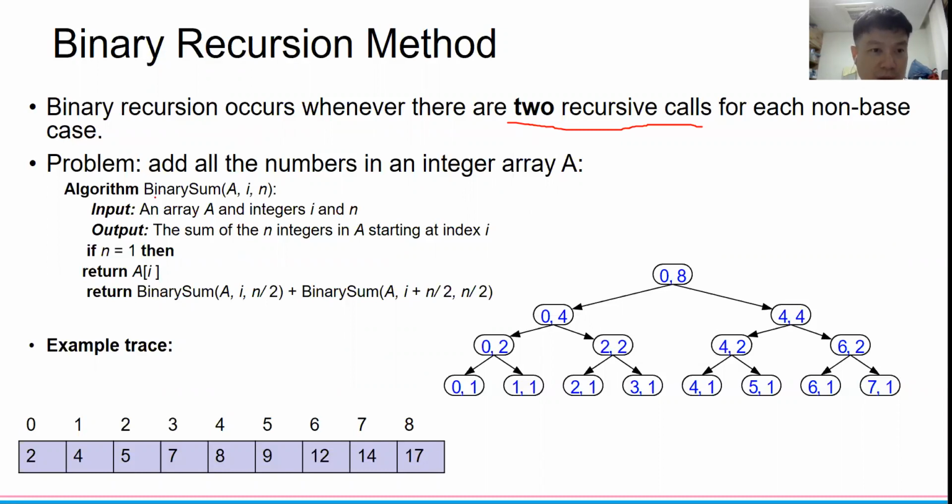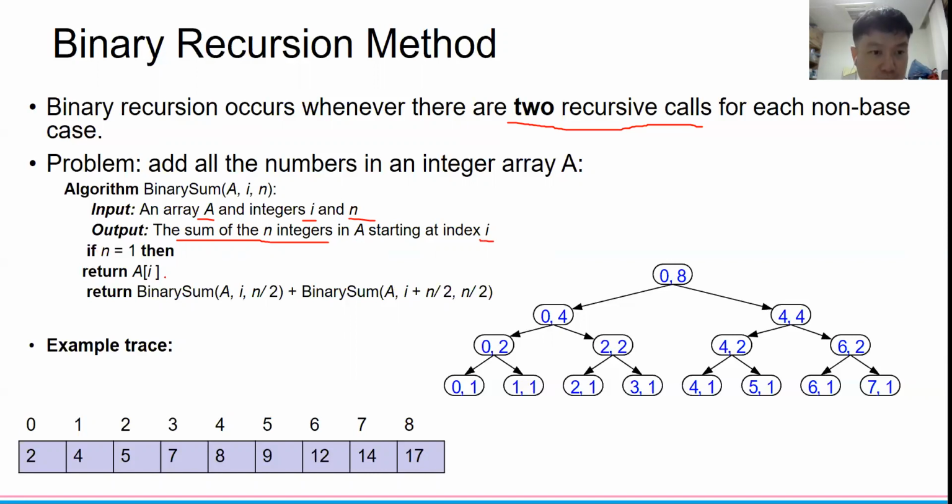Say I have the binary sum, which is one of the methods, and I have the input, which is array A, and integers i and n. The output will be the sum of the n integers. n means the number of integers, and A is the list or array starting at index i.